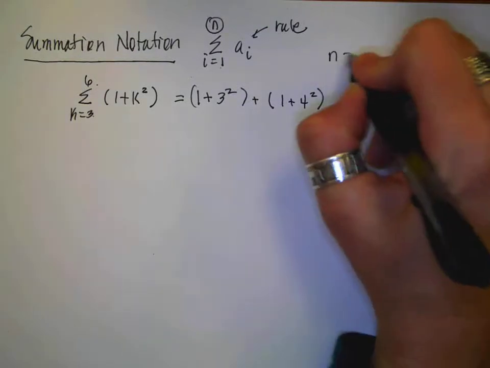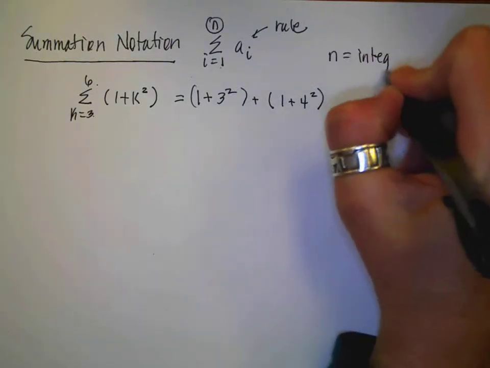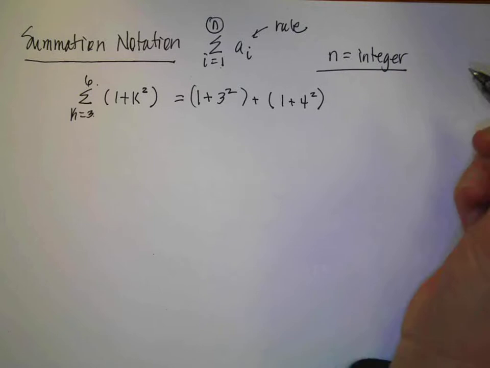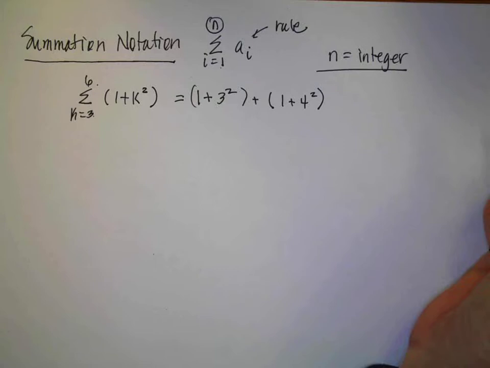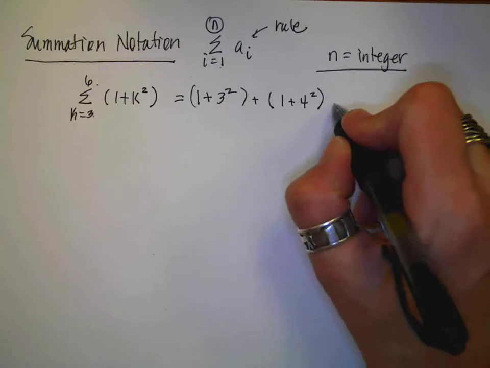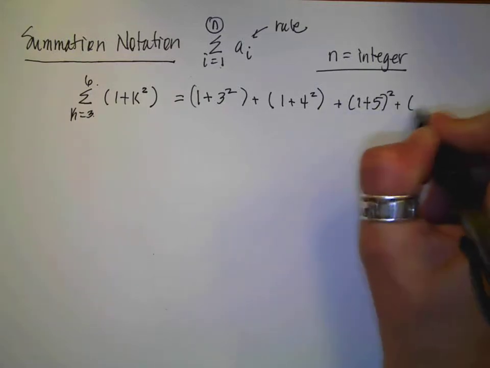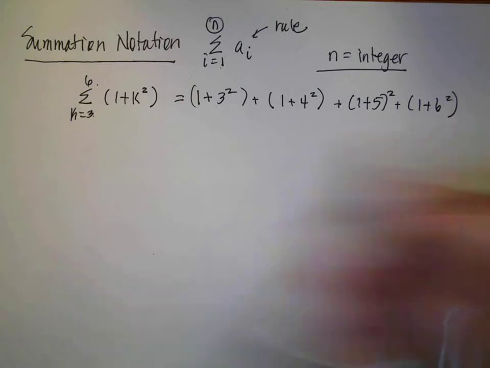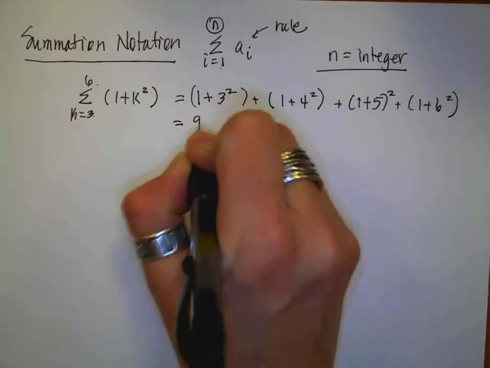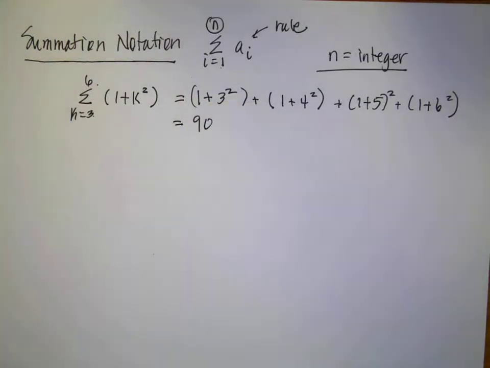And notice that our n's are integers. N is an integer. I guess I should have said that in the past. But I'm not going to increase by a partial number because I'm going in consecutive terms of the sequence. So n is always an integer. And then 1 plus 5 squared and 1 plus 6 squared. So if you did all that math by hand, you would get 90.